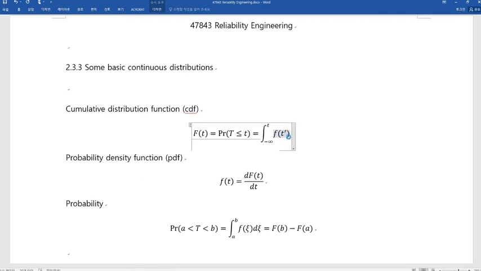We just introduced a new variable instead of t to avoid confusion with the t in this place.